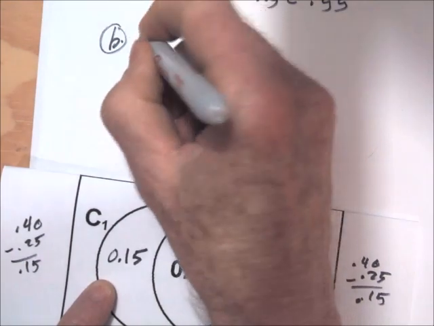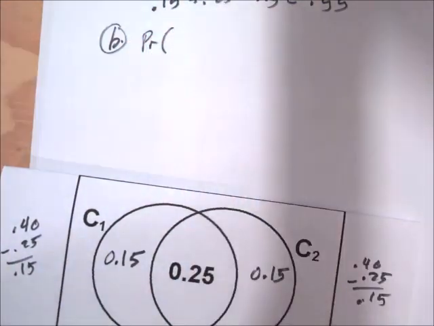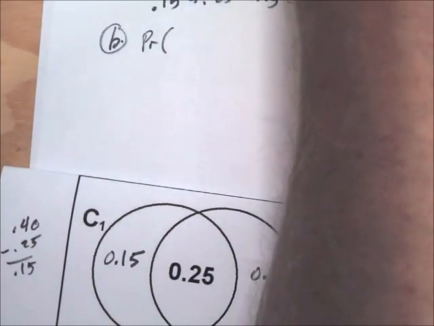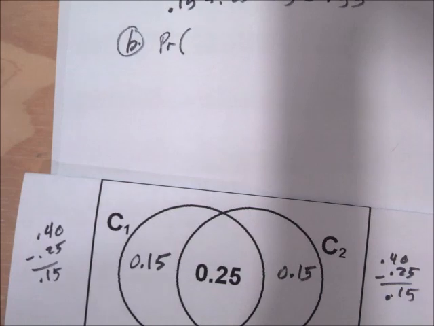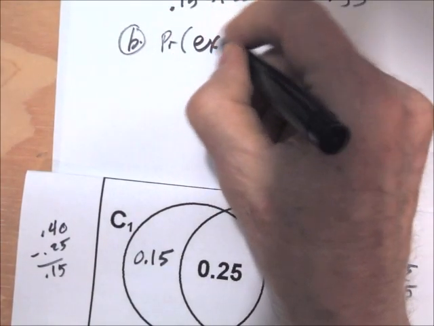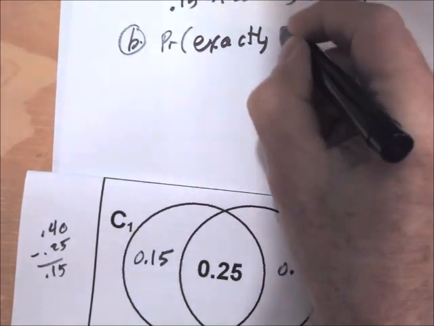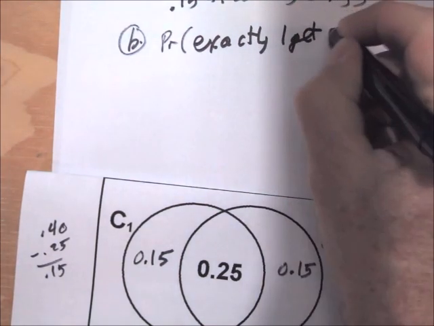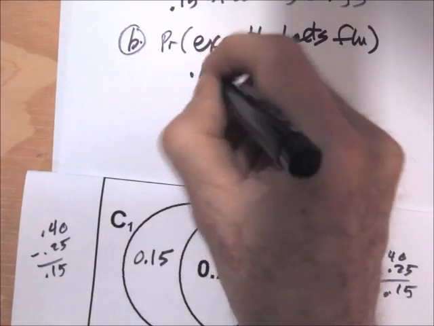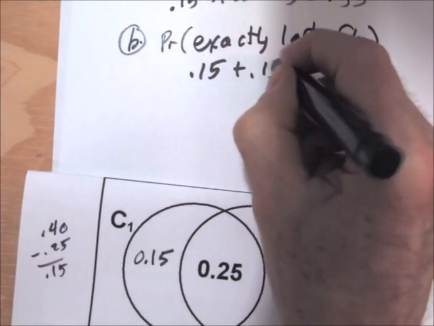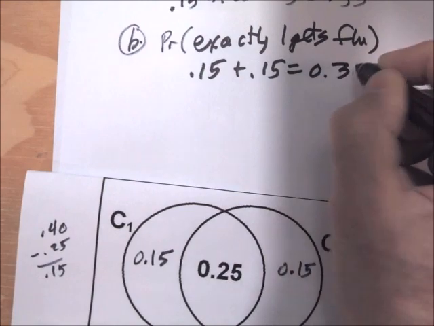So it's going to be 0.15 plus 0.15, which is 0.3.